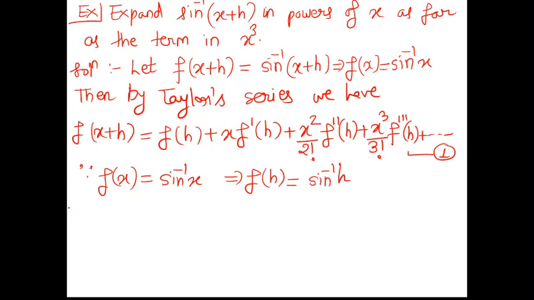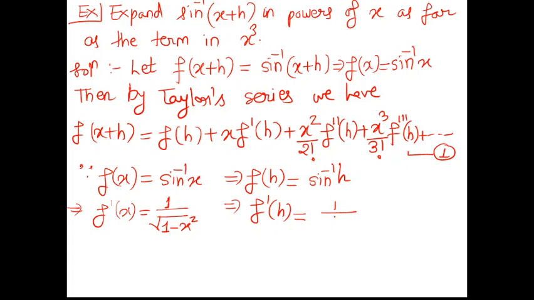Now differentiate this. So f dash of x, what is the derivative of sine inverse of x? The derivative of sine inverse of x is nothing but 1 upon under root of 1 minus x square. So again put x as h, you will get f dash of h which is equal to 1 upon under root of 1 minus h square.